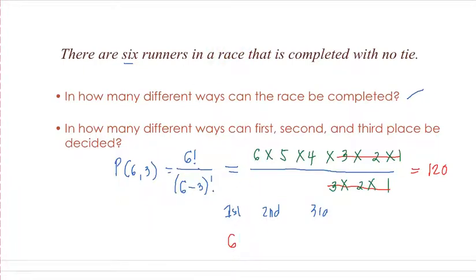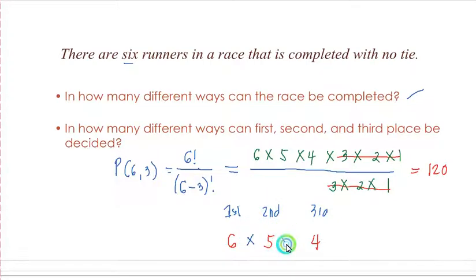Next, since nakakuha na kita isa ka runner, for second place may ara kita 5 ka possible option. And for the third place, may ara na lang kita 4 ka possible option. By the fundamental counting principle, kinanglan natin i-multiply, so we have 6 times 5 times 4. Same ini sa siniya value, which is equal to 120.